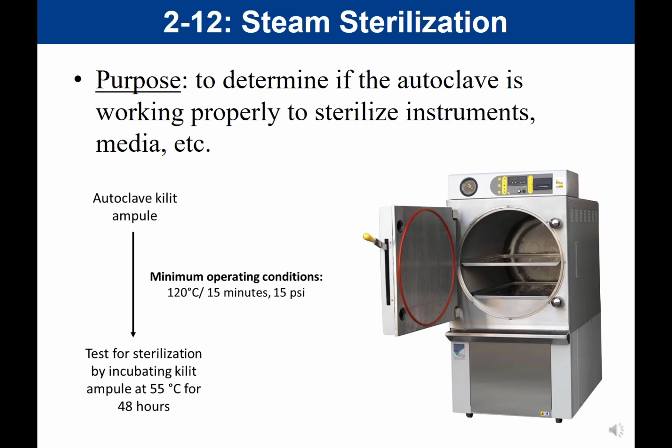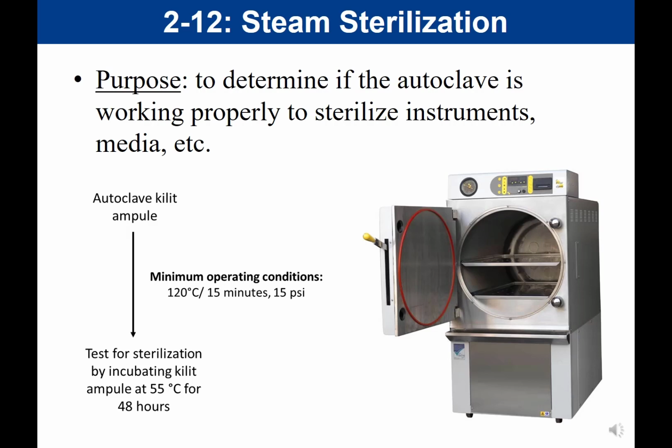So we're now taking that ampule and we're putting it into its ideal condition. Now conditions are favorable. So if the endospores survived and we put that ampule at 55, they're going to germinate, they're going to start reproducing, and they're going to grow within the killet ampule. And I'll show you in a minute how that's detected.